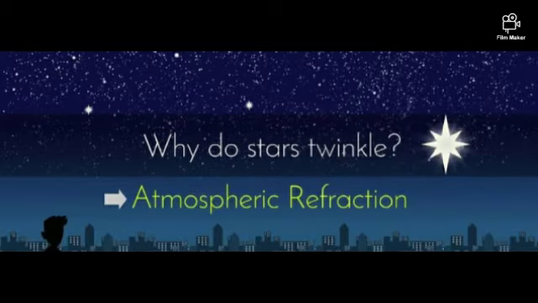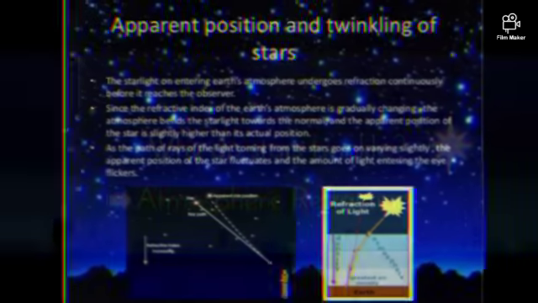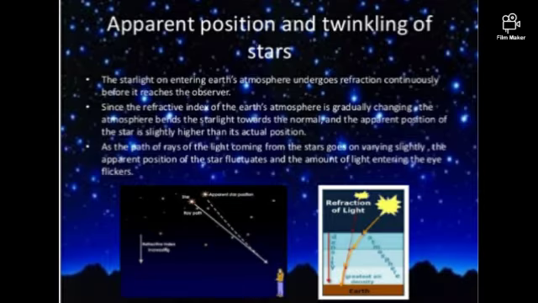Next is the twinkling of stars. We all must have observed, at some places with a pollution-free beautiful sky, the silent twinkling of stars. This phenomenon occurs due to the actual position and the apparent position of the stars. The starlight on entering the Earth's atmosphere undergoes refraction continuously before it reaches our eyes.